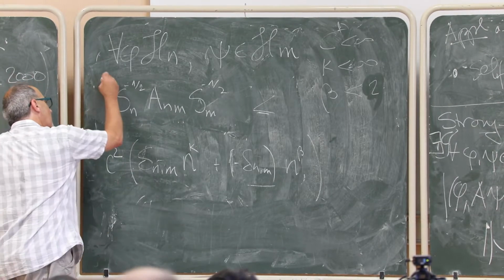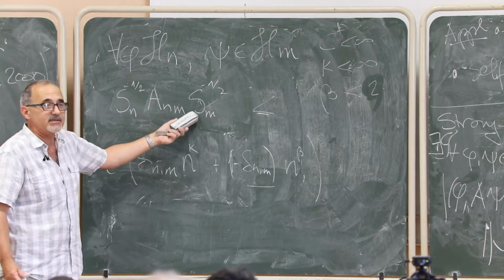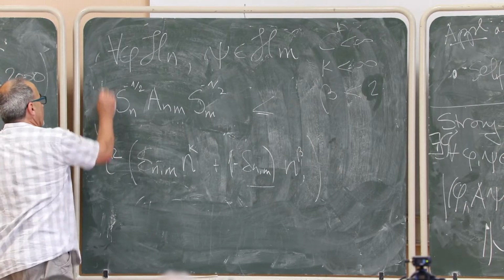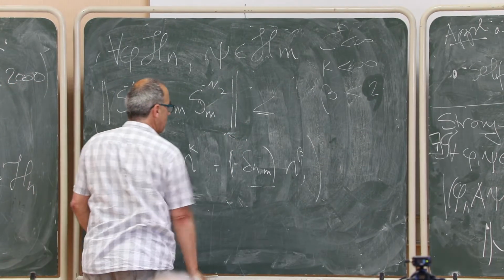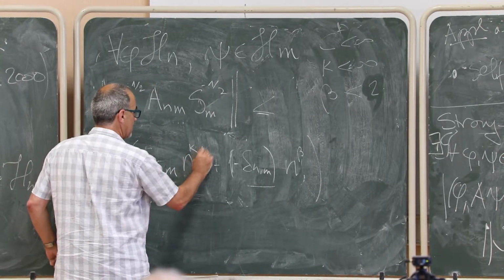So this operator a priori may make no sense, but the condition written here means that the operator norm of this is bounded by c times probably that.